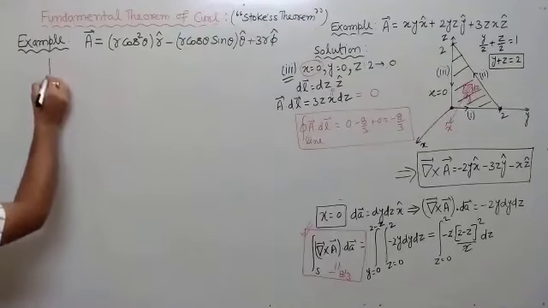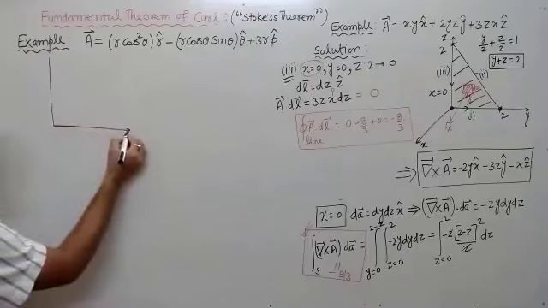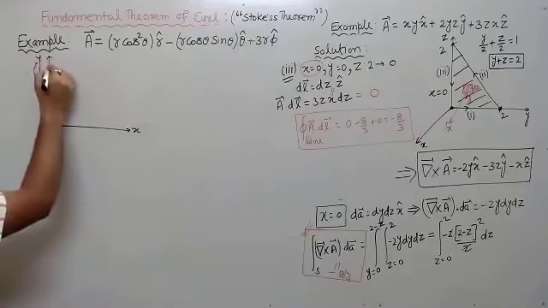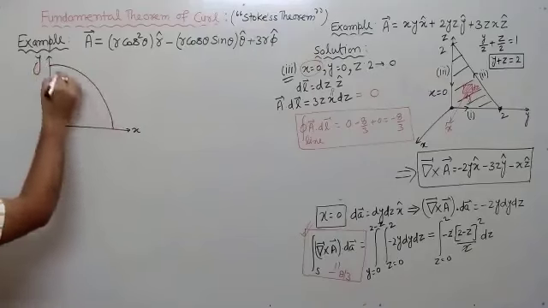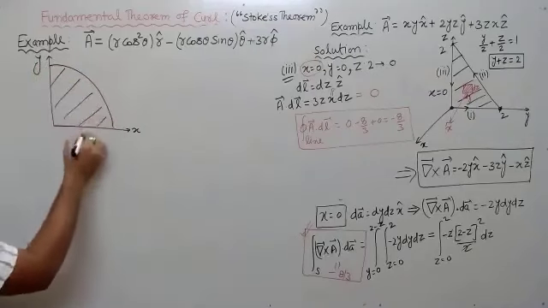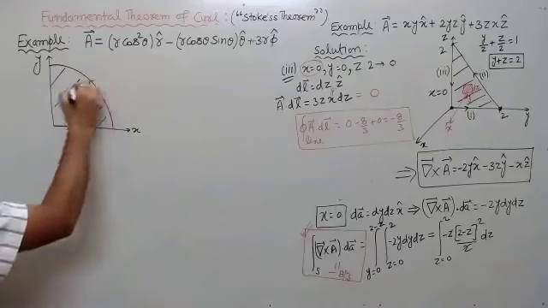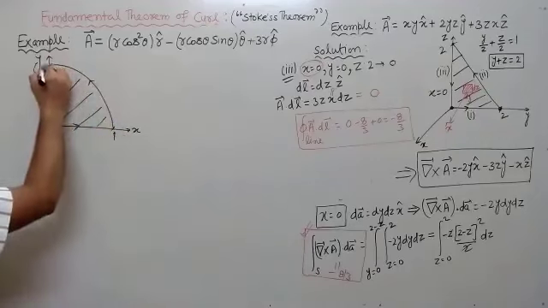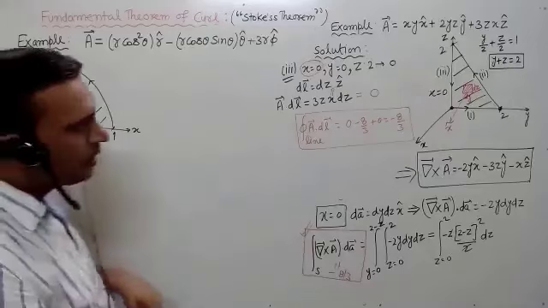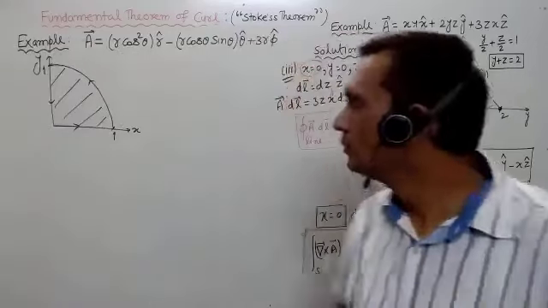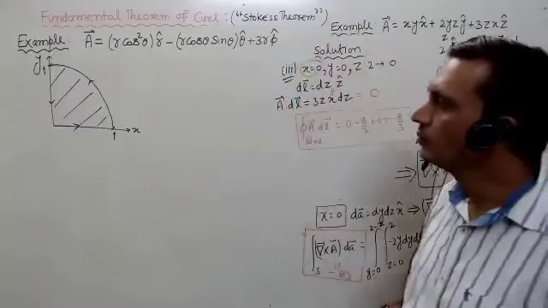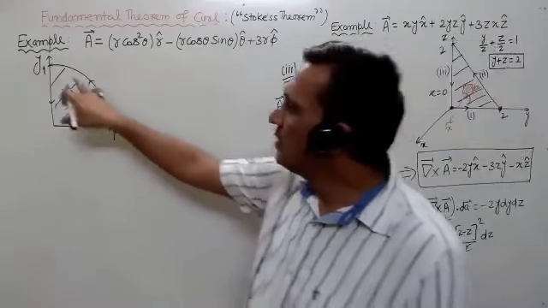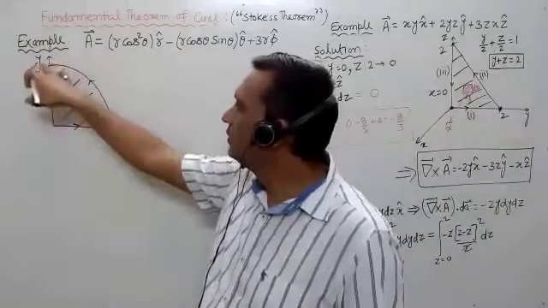Now, this is the open surface. This is the circular part. You have a circular arc and its radius is 1. You have to verify Stokes theorem.